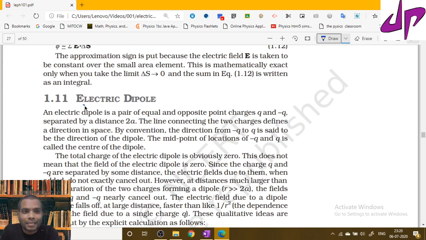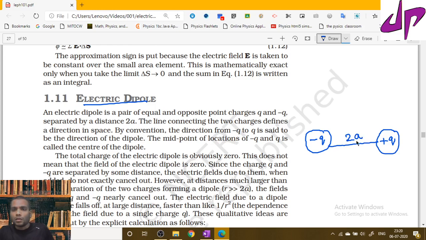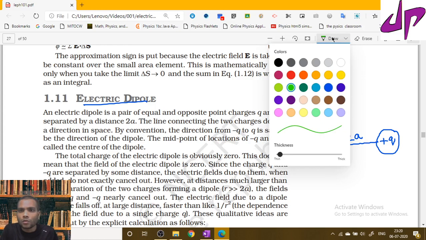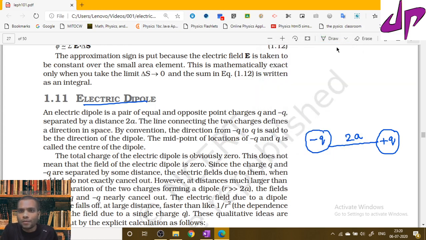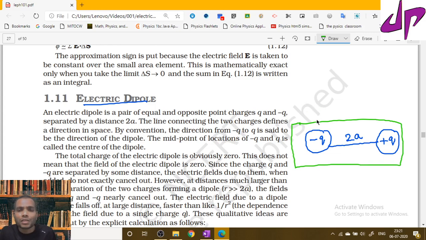Let's recall what an electric dipole is. An electric dipole consists of two oppositely charged particles, a negative and a positive charge, separated by a distance 2a, known as the dipole length. Altogether, this we call an electric dipole.